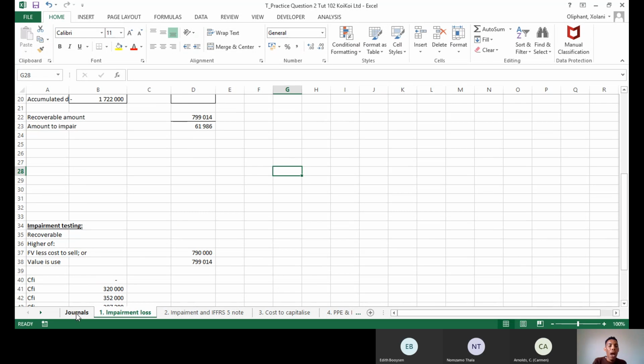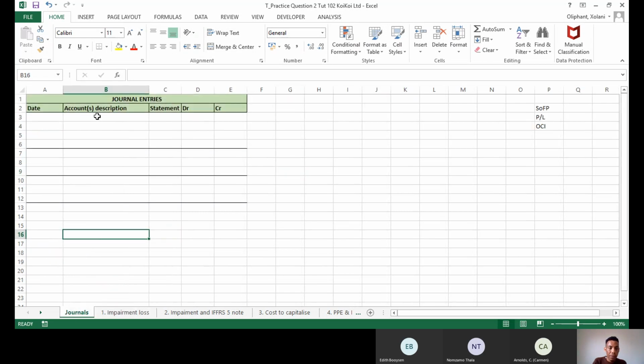Now, if you were asked to do a journal entry for that impairment, say on 31 December 2011, we would have debited impairment loss, and the other entry would be the accumulated impairment loss.